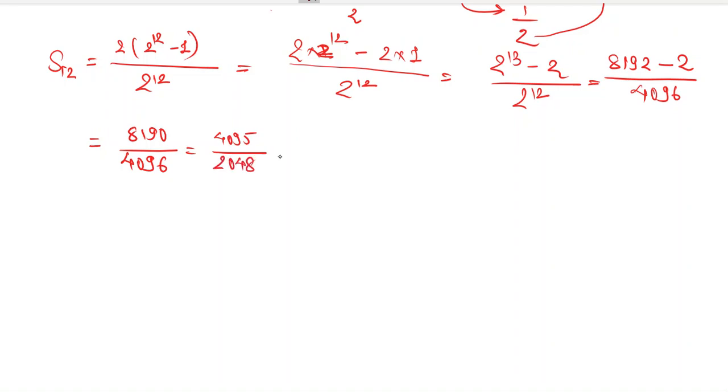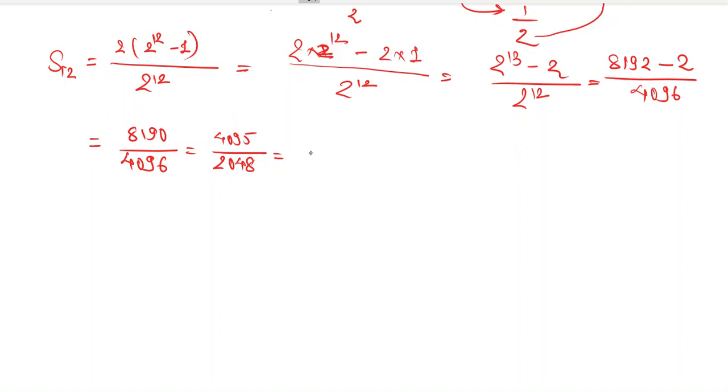Now they cannot be divided further. They don't have any common factor. So convert them into mixed fraction. If you divide 4095 by 2048, 2048 ones will be 2048, because 2048 twos will be greater than 4095, right?